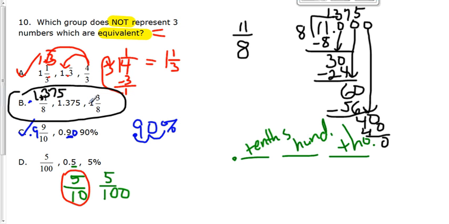Here, 3/8 would be the same. So we have 3 divided by 8. 8 can't go into 3, so nothing should go above the 3. So then we have 8 into 30. 8 goes into 30 3 times, which is 24. And then you have 6 left over. This is identical to this part over here of the problem.